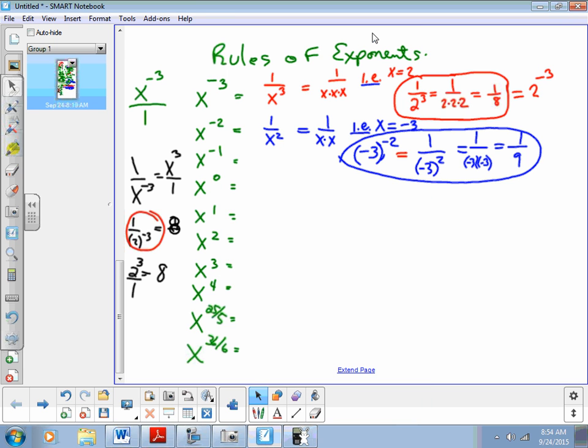All right, so now the next one then would be written as what? First power. 1 over x to the first power is the same as just saying 1 over x. Yes? Okay.